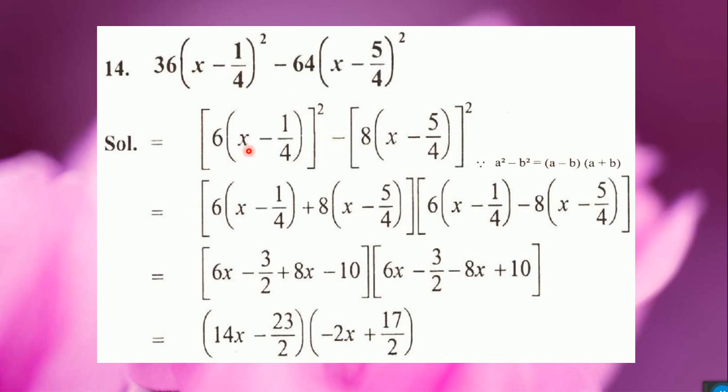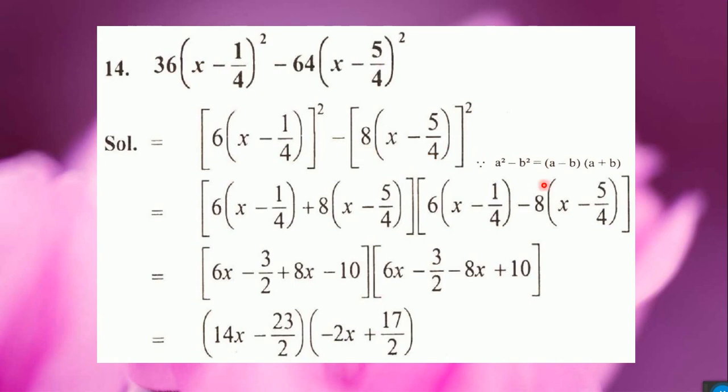That is 6 into (x minus 1/4) whole square, because 6 square is 36. It's our first term. And second term is 8 into (x minus 5/4) whole square. So these are the a square minus b square forms.